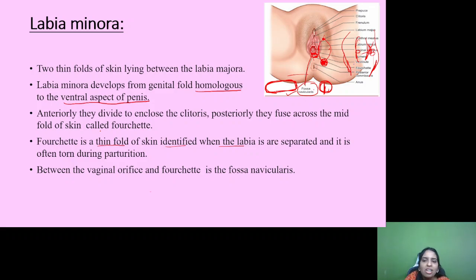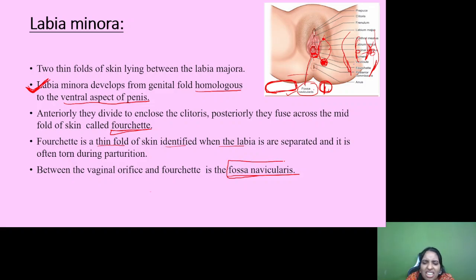So, the important points to remember in labia minora are from where it develops and what it resembles, to what things it is homologous. And we have read regarding the fourchette, a thin fold of skin in the middle, and between the fourchette and the labia minora is the fossa navicularis, a boat-shaped depression.